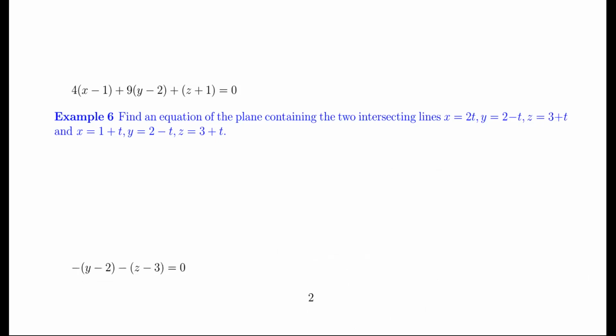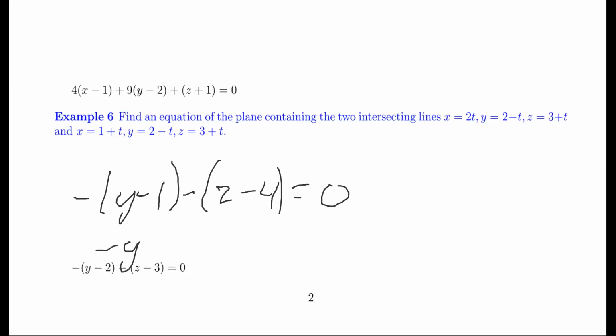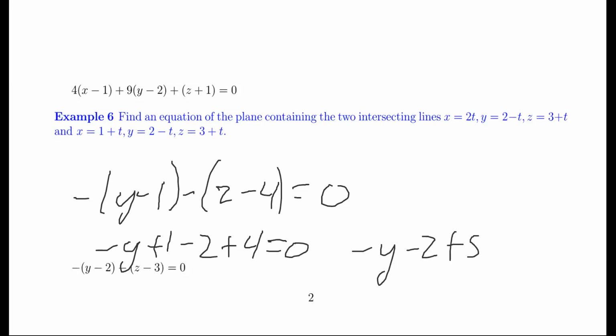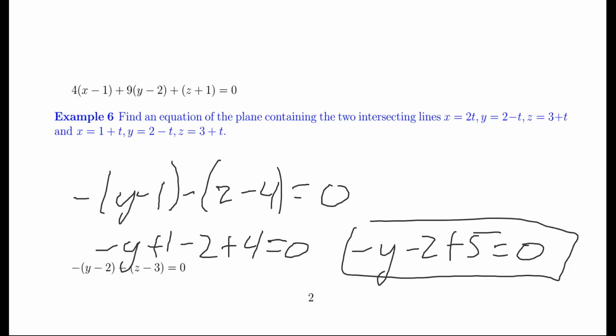That equation was here. So this is negative (y plus 1) minus (z plus 4) is equal to 0, or in other words, negative y minus z plus 5 is equal to 0, which is equivalent to what we just wrote here. So either of those solutions would be correct.